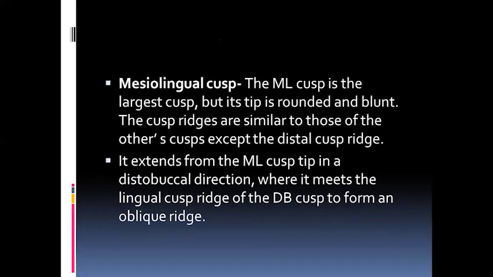Mesiolingual cusp. The mesiolingual cusp is the largest cusp, but its tip is rounded and blunt. The cusp ridges are similar to those of the other cusps except the distal cusp ridge. It extends from the mesiolingual cusp tip in a distobuccal direction, where it meets the lingual cusp ridge of the distobuccal cusp to form an oblique ridge.